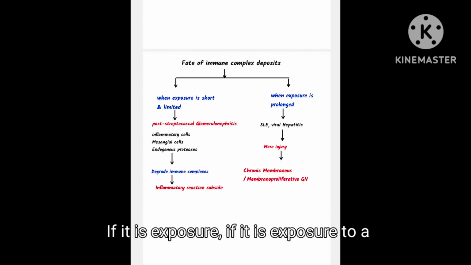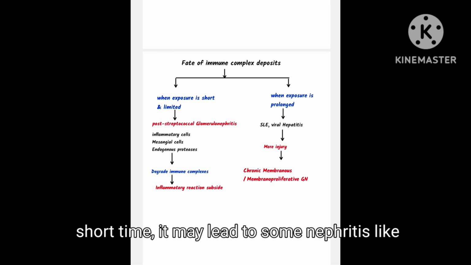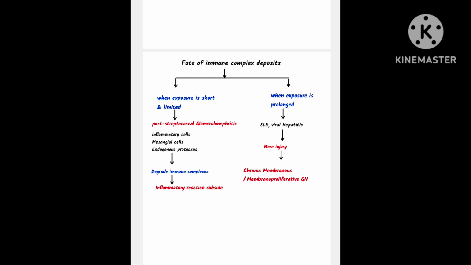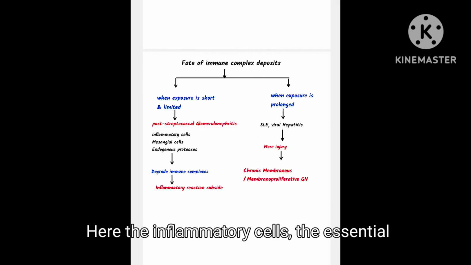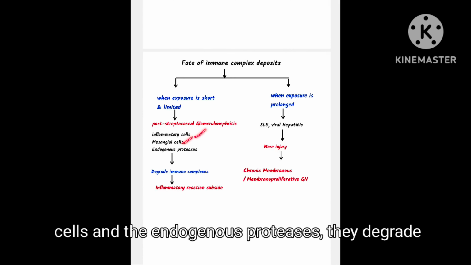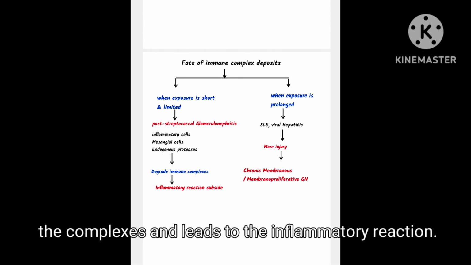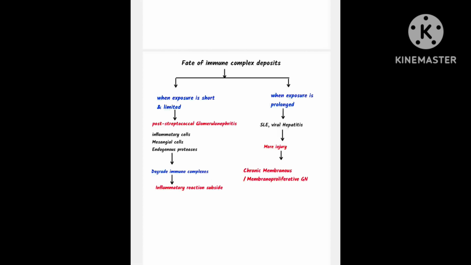If the exposure is for a short time, it may lead to nephritis like post-streptococcal glomerulonephritis. Here, the inflammatory cells, mesangial cells, and endogenous proteases degrade the complexes and lead to the inflammatory reaction.